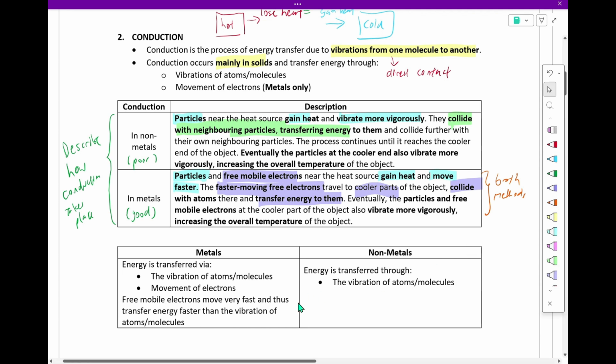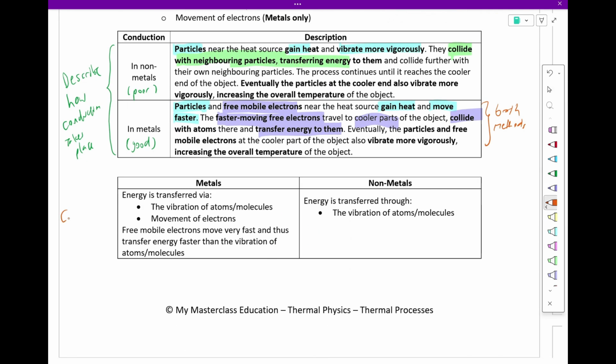So if they ask you to compare and explain why, it is just this part. Because metals conduct heat by both particle vibration and the movement of free electrons. Whereas for non-metals, I only conduct heat by vibration of particles. Hence, metals are better conductors of heat than non-metals.